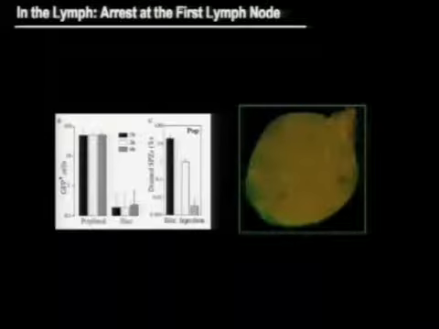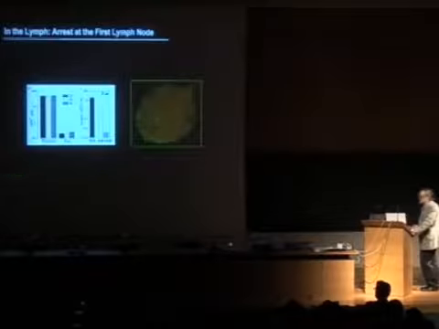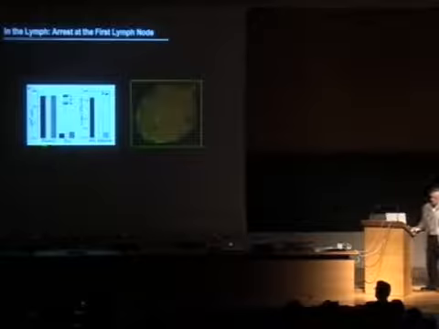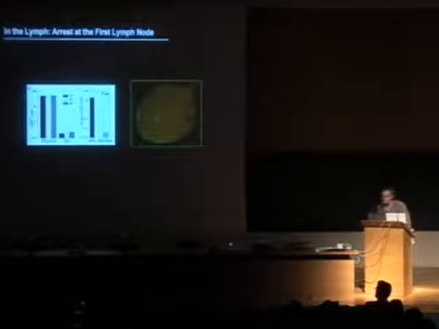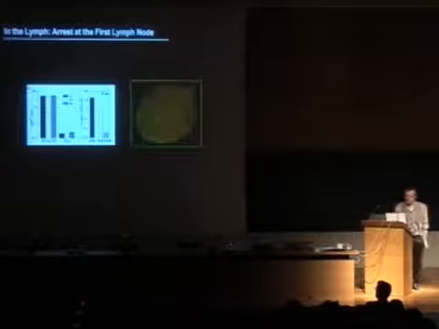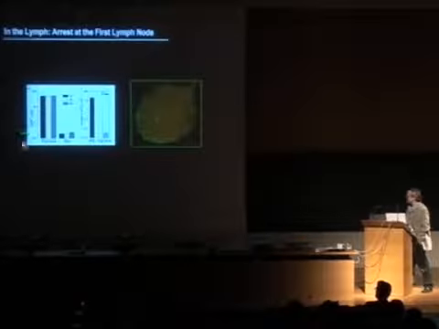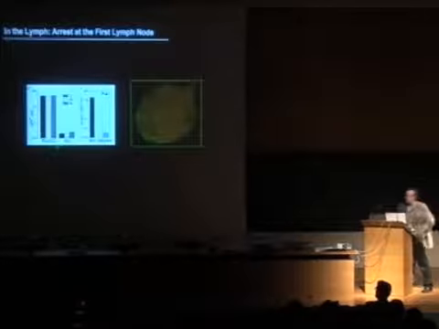Okay, now, what about the parasites that are in the lymph? We addressed that by using the footpad model, and what we found was that all the parasites that you can see here, all these little green dots, all the parasites that were inoculated are retrieved only in the proximal draining lymph node, which in the case of this experiment was the popliteal, and they don't reach the second, which in this case is the iliac.